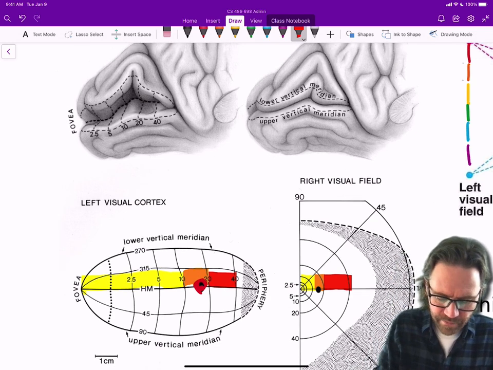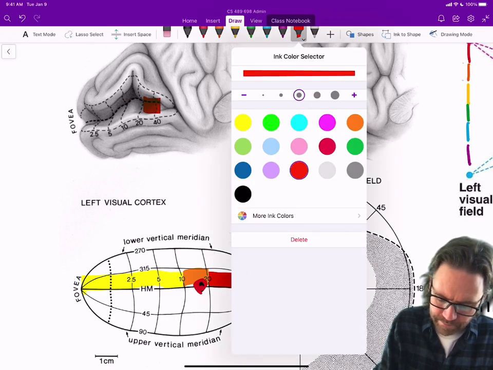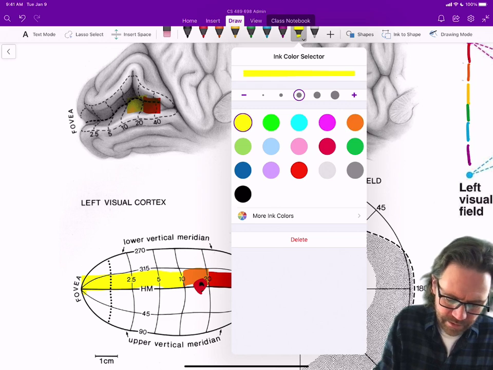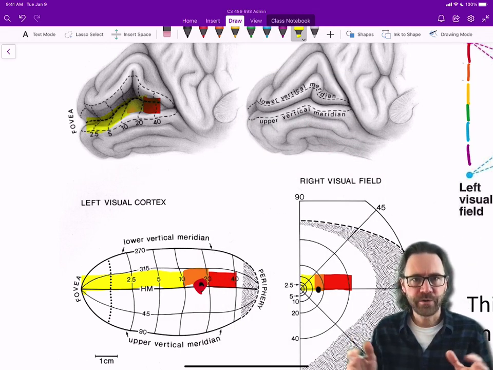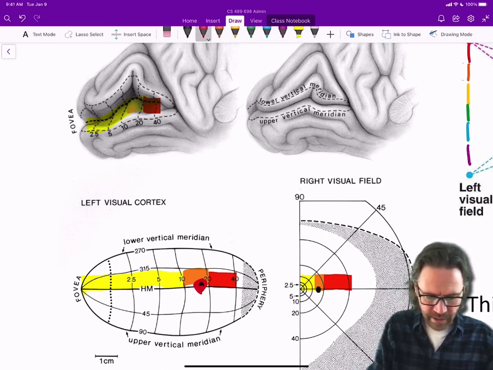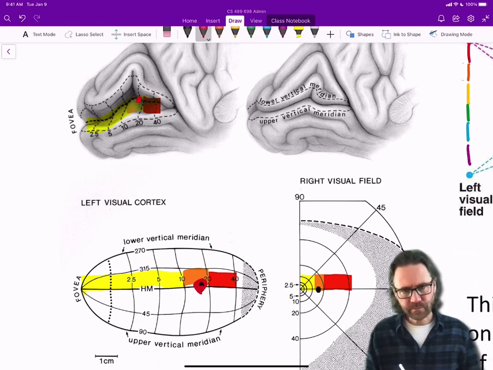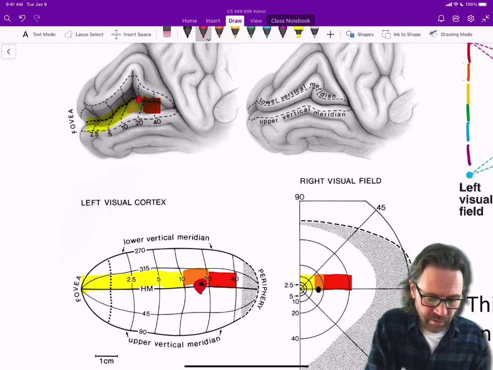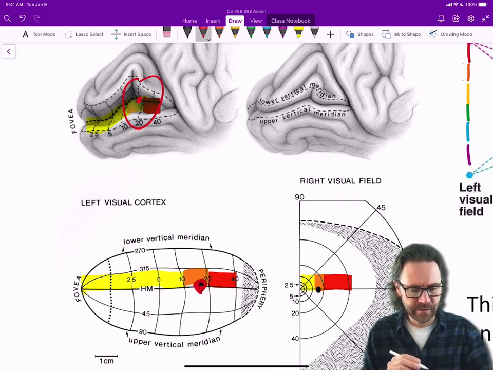And actually drawing it on the cortex, here's the 20 to 40, here's the 10 to 20, and then here's the 0 to 10 arranged on your cortex. And that dot appears at about 18 degrees or something, so that would be over around here. So that dot would excite a bunch of neurons around where that red dot is in the cortex.